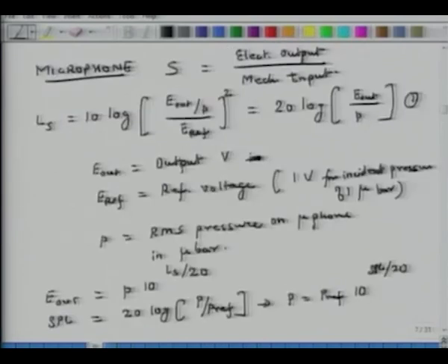And one thing I omitted earlier was that the unit of Ls is decibel voltage over microbar.